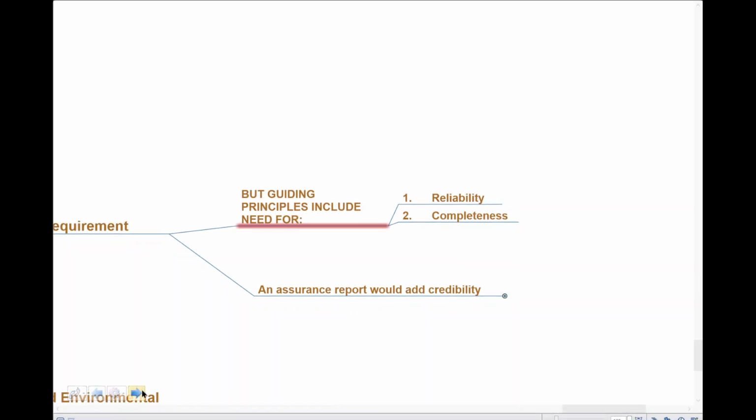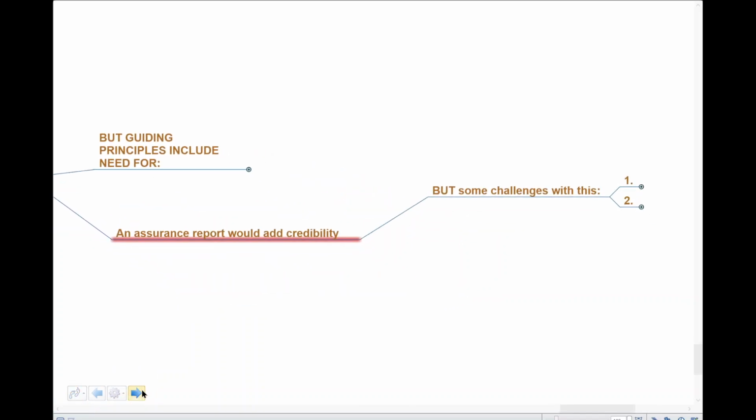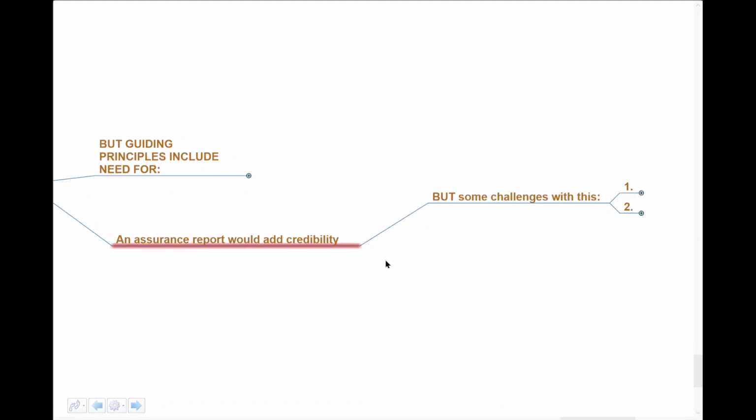So, given that, there's certainly a suggestion by many parties that some sort of assurance report, either an audit or some sort of check on the information, would probably provide some element of credibility to integrated reports. Absolutely.